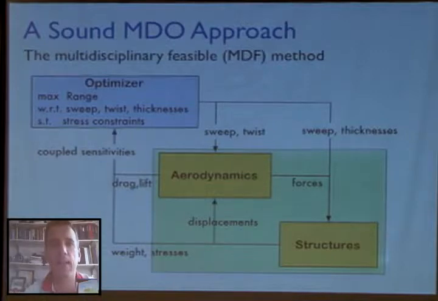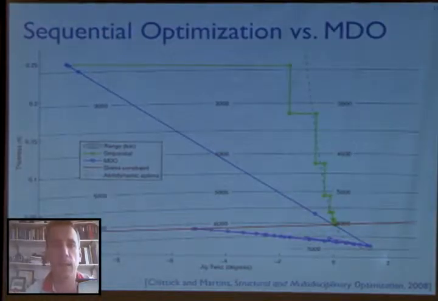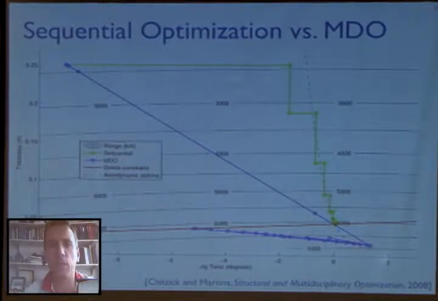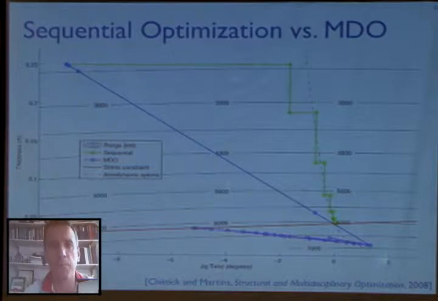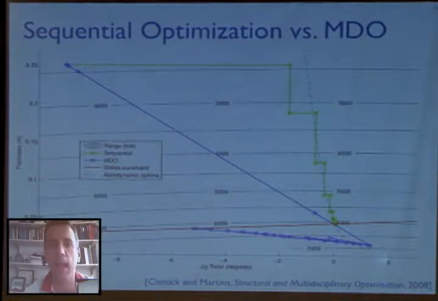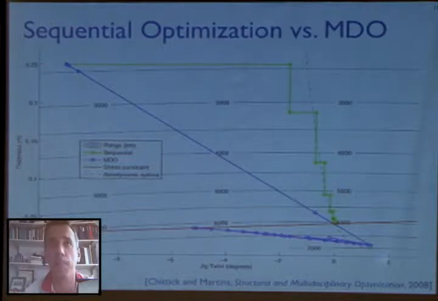If you go to the next slide, you'll see the result of these two. In green, you see the sequential optimization. This is a plot in two variables. One is the structural sizing on the vertical axis, and on the horizontal axis you can see the aerodynamic variable. In sequential optimization, you're only varying one at a time, so you see that step pattern in green.